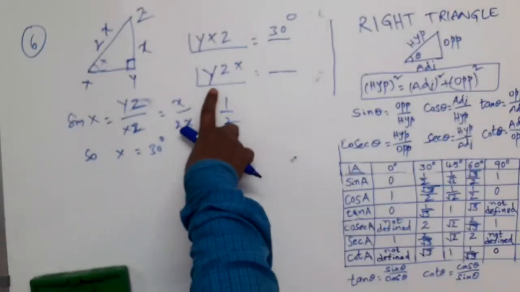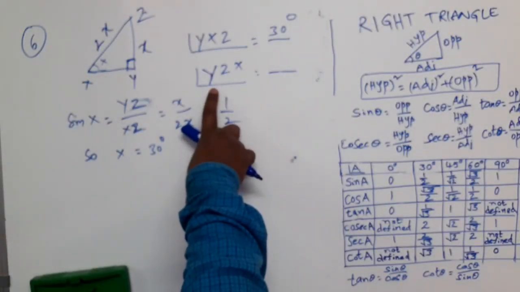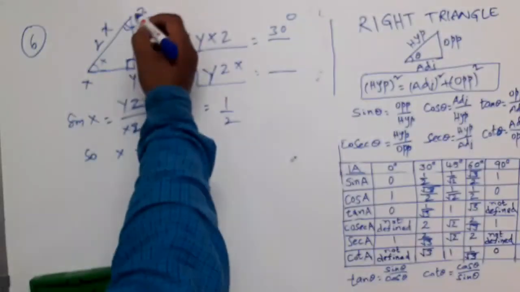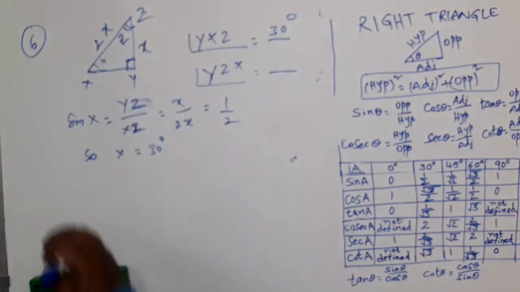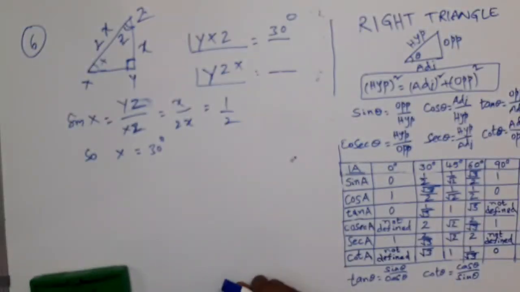In the same way, I want to find the value of angle YZX. Where is YZX? See, YZX. This is the angle. Let us say that is Z simply. I want to know the value of this angle. How shall I proceed?